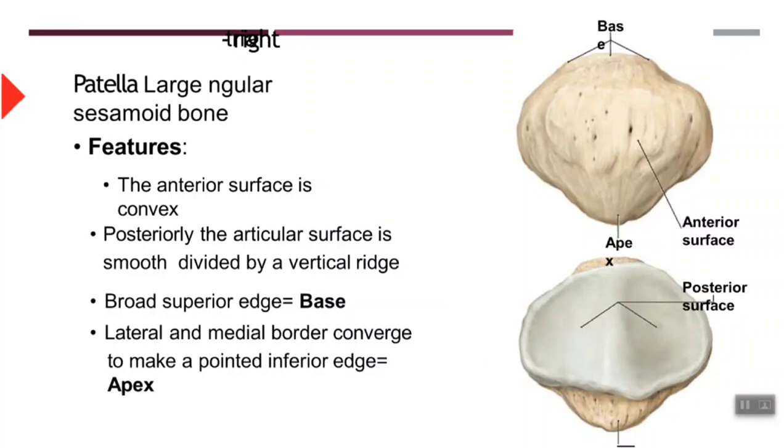In this picture you can see the anterior surface, this one is the posterior surface, the medial and lateral borders, base and apex. Posteriorly, the articular surface is divided by one vertical line here into two areas. This is an imagined vertical line.